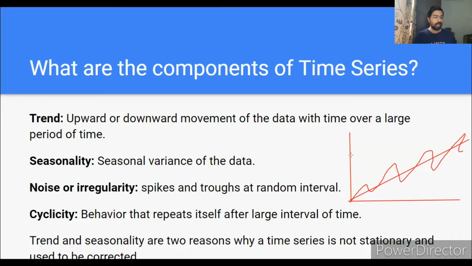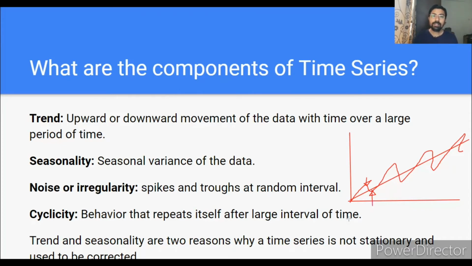And then the second part is the seasonal variance. What is seasonal variance? Like ice cream sales increase in summer. If this point is summer, then ice cream sales will increase at this point, and then there is a down point, which you can say is winter, where ice cream sales decrease.